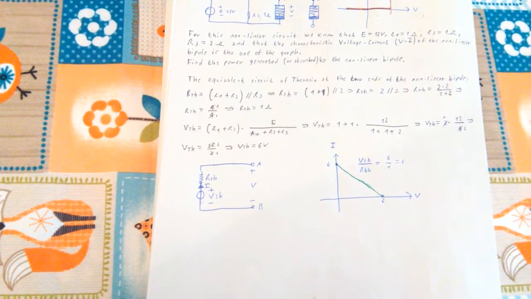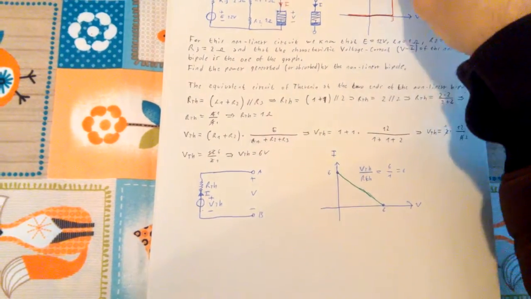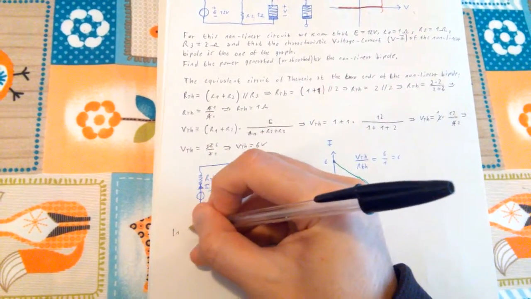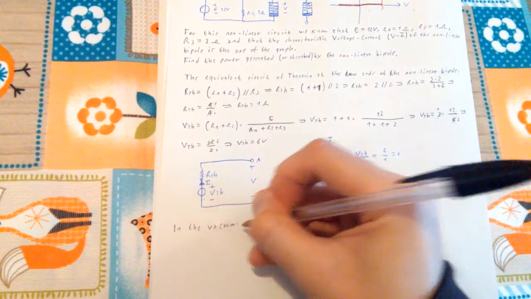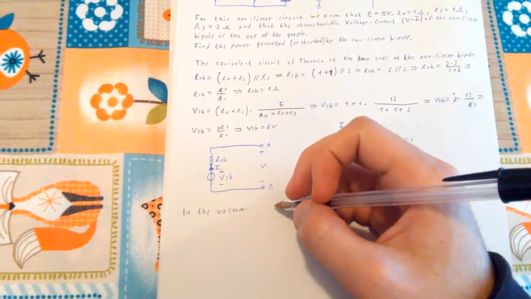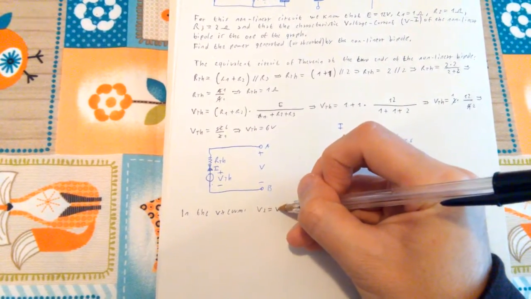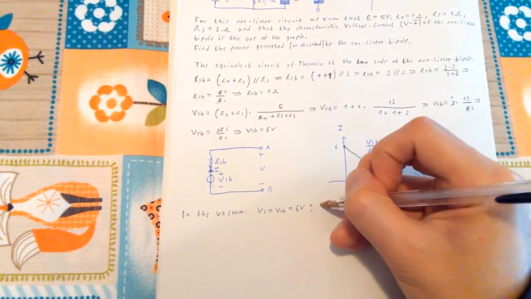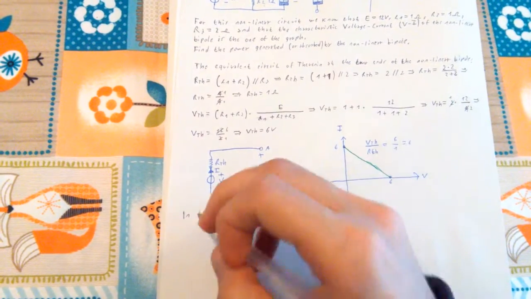Now, I can say, okay, in the open circuit, I have that V is equal to VTH, which is equal to 6 volts, and I is equal to 0 amps.